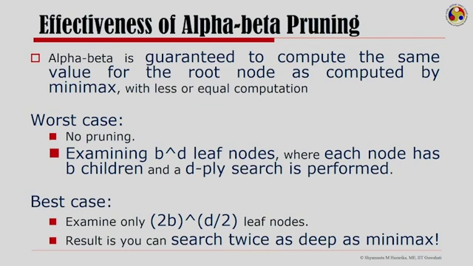In the best case, we examine only 2b to the power d by 2 leaf nodes. What this result means is that for minimax with alpha beta pruning, we can search twice as deep as we would have done with minimax alone.